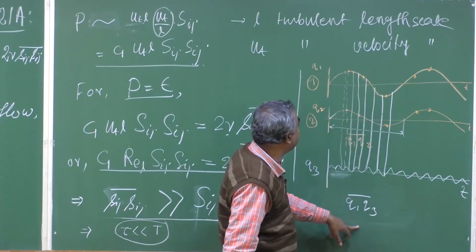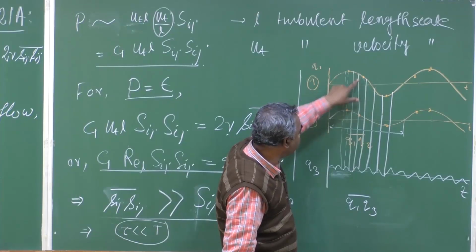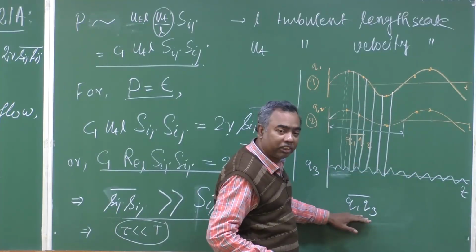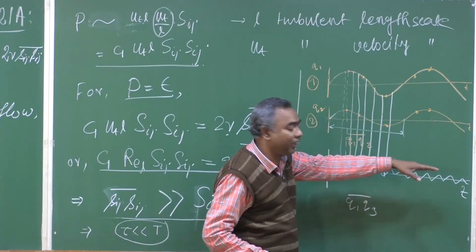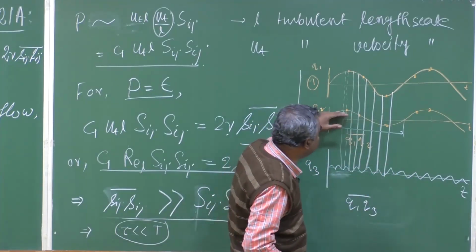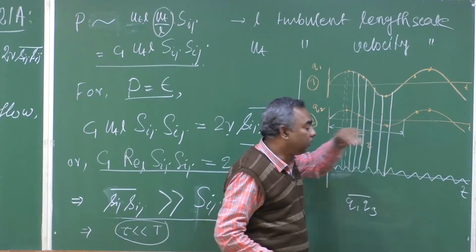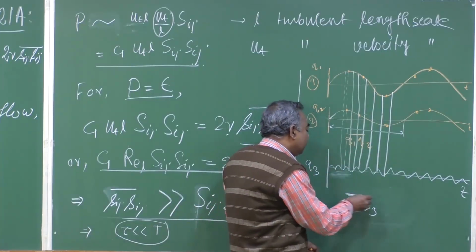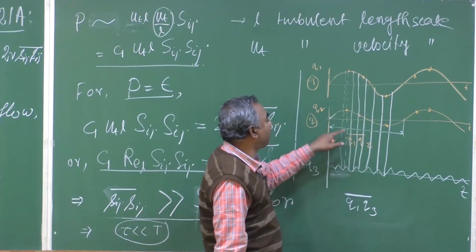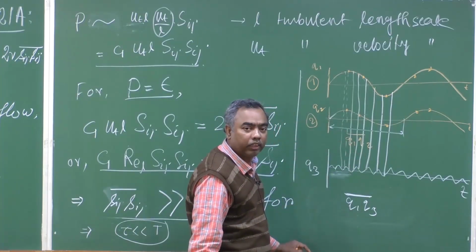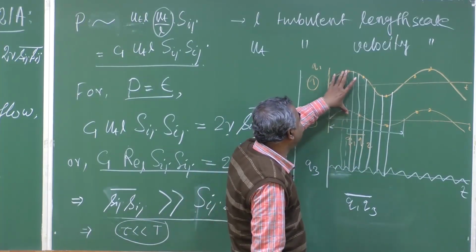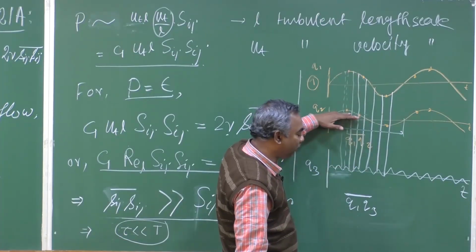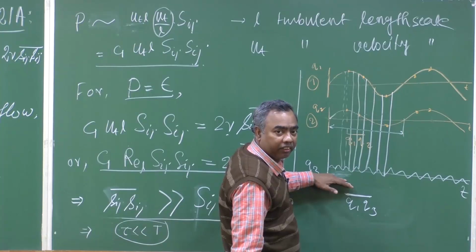Similarly, at other points there will be many such zeros or low values of the correlation coefficient on average, which is not the case in the first pair. As a result, this value is going to be very small compared to the value for q1 and q2. So we can say these two signals are highly correlated, whereas this high frequency and this low frequency are not well correlated.